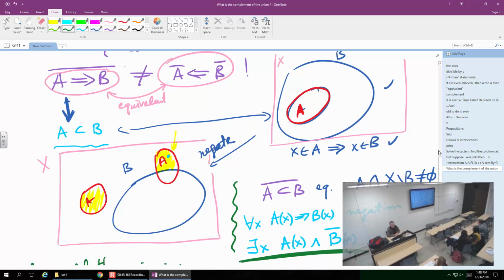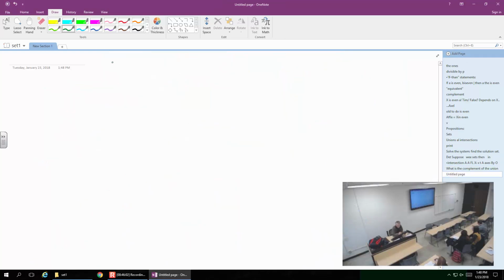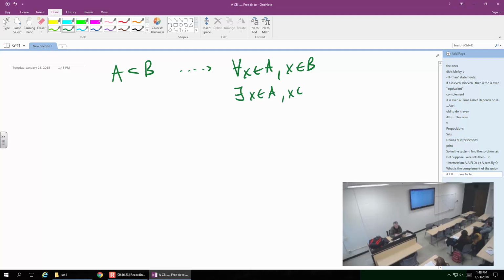For example, if you say that A is a subset of B, it means that every element x is, well, let me write it nonetheless. A is included in B. We can go back to quantifiers: for any x in A, x is in B. And then what is the corresponding statement if it is "there is an x in A, x in B"?